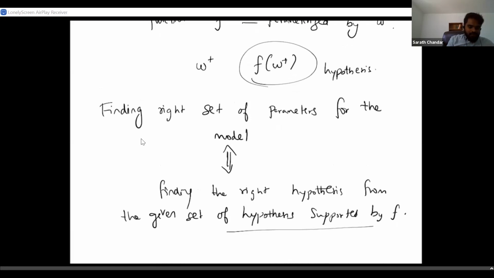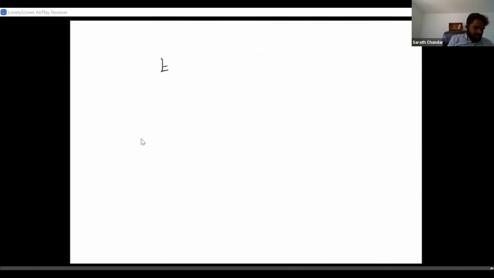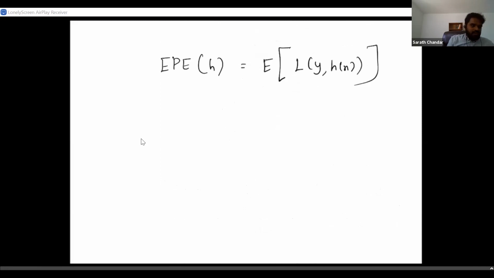We often do that by considering the expected prediction error, right? So let's define the expected prediction error for a hypothesis H, which is basically the expected loss in using the hypothesis. We have already seen this in the previous lecture.